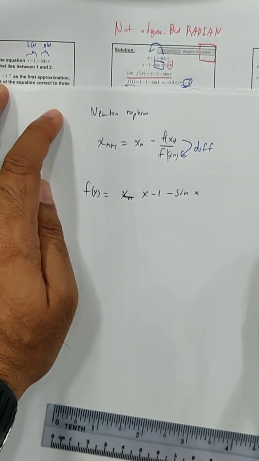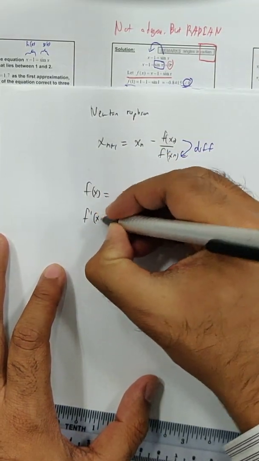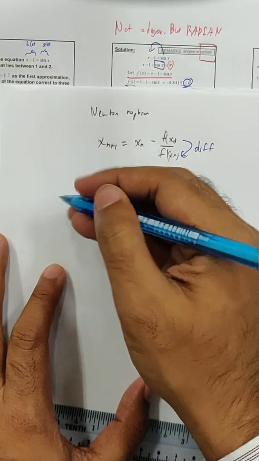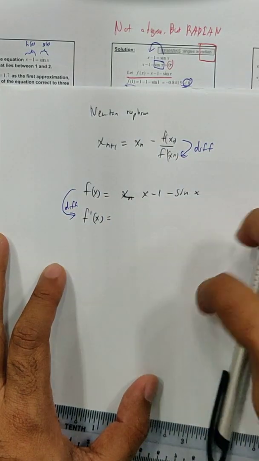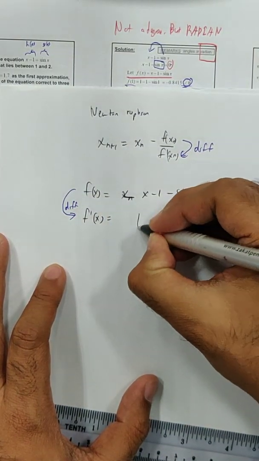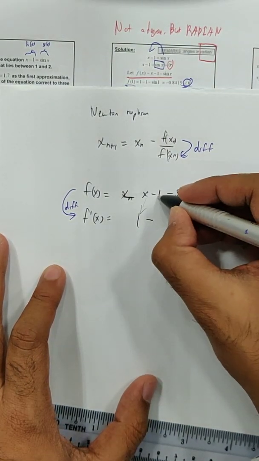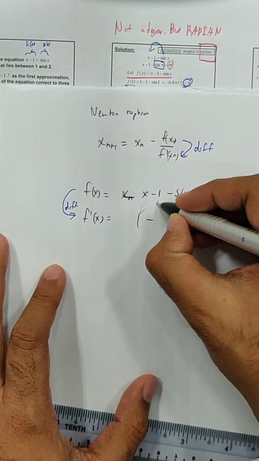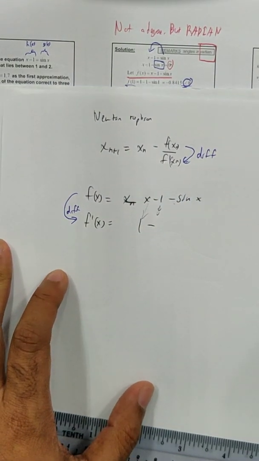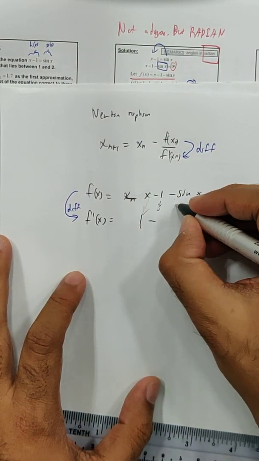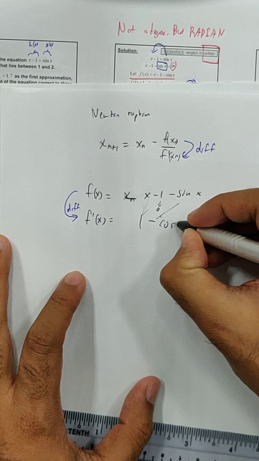And now I need to differentiate to get f prime x. So I get 1 minus, this one becomes 1, minus 1 becomes 0, not interested. Differentiate sine x, cos x.